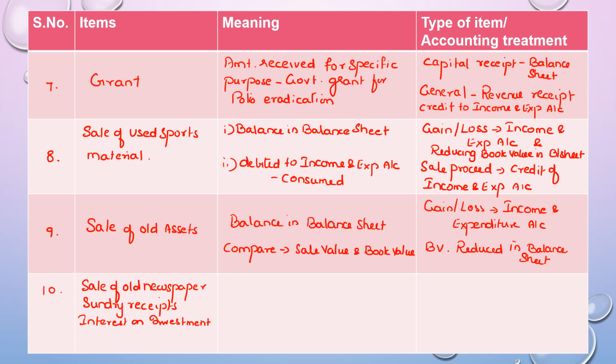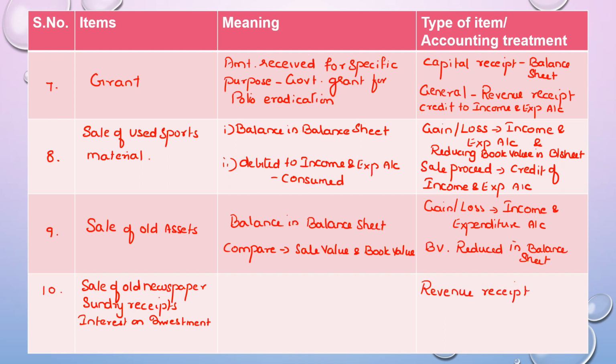We are not talking about that. We are talking about other investments other than related to any specific fund. If any amount is received, that type of interest. What are these types of receipts? How are we going to deal with it? These amounts which are being received are in the nature of the regular income. So it is in the nature of revenue receipt.